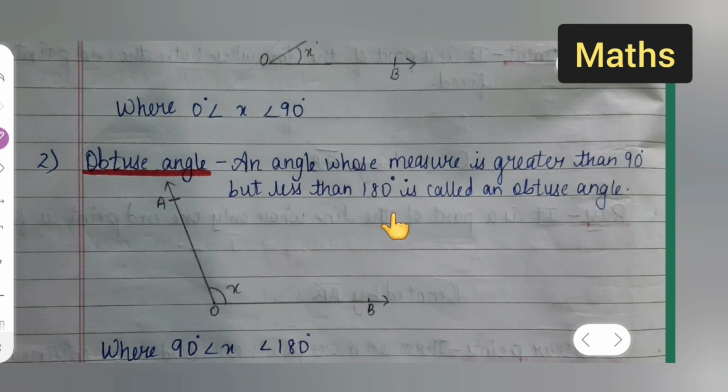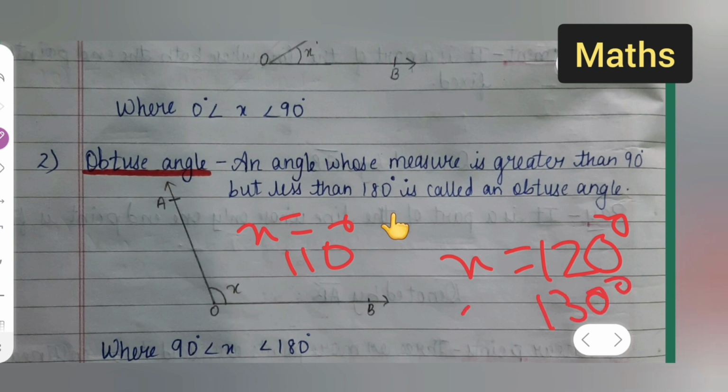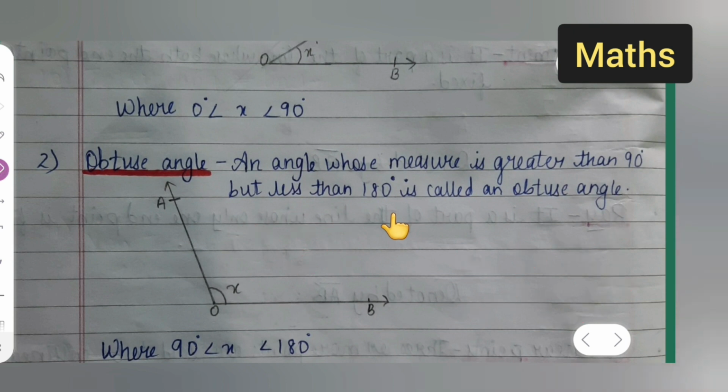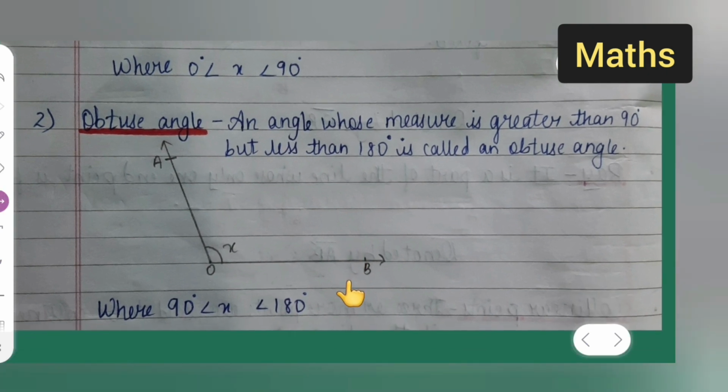Basically it can be like 110 degrees. The value of x can be this, or 120 degrees or 130 degrees, it can be anything, but it should be less than 180 and greater than 90. So 90 is less than x, and x is less than 180 here. Now you can take down this.